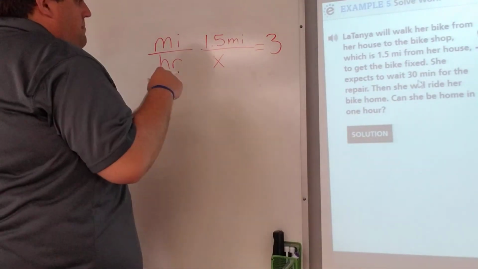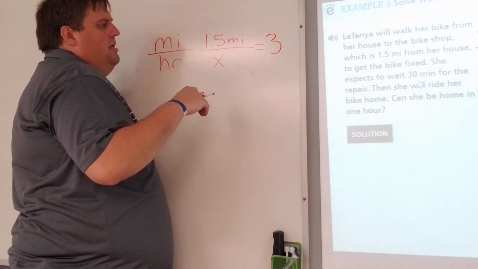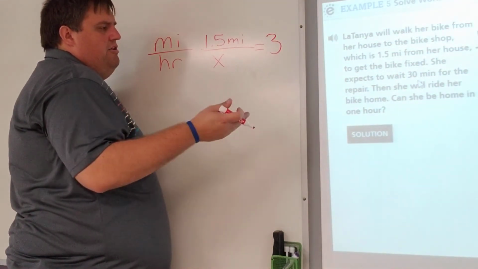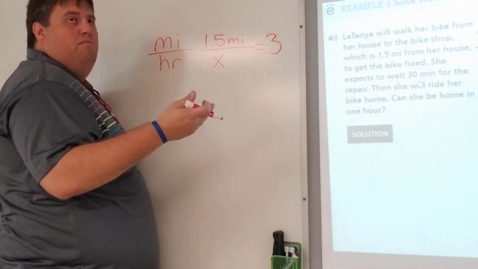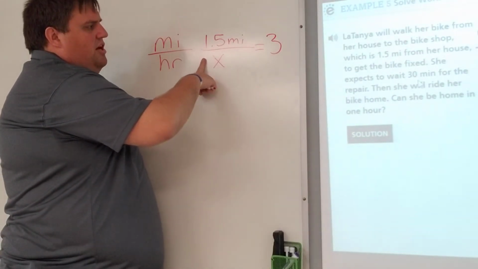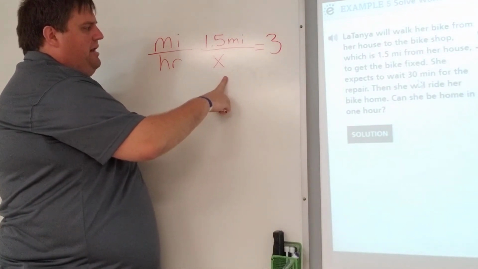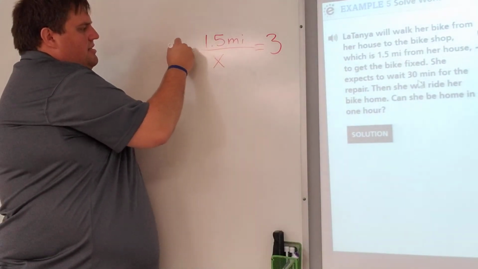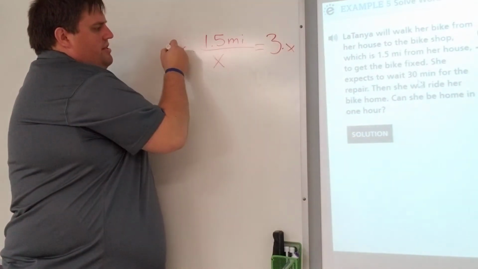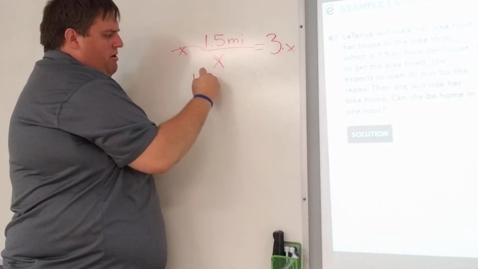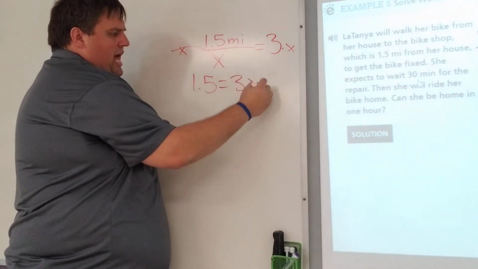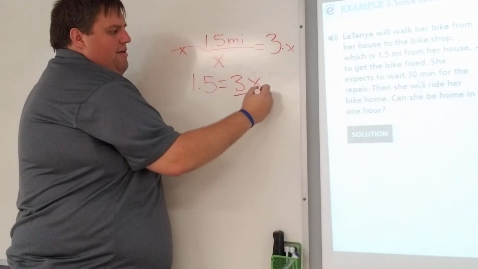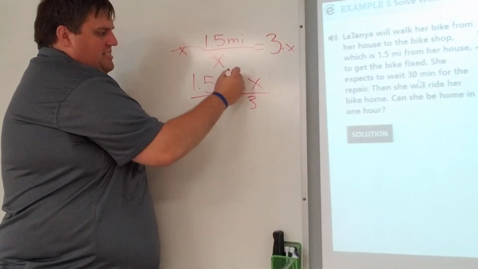If I wanted to solve this for x, I can't solve it if it's in the bottom. So I'd have to multiply by x on both sides to cancel that out, and that would give me 1.5 equals 3x. And then I would have to divide by 3 to get x by itself.